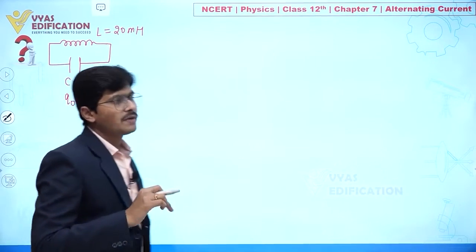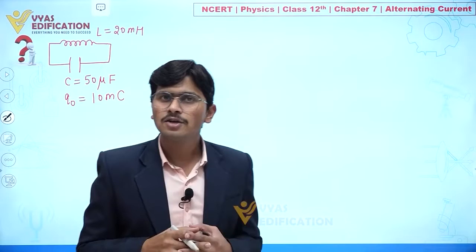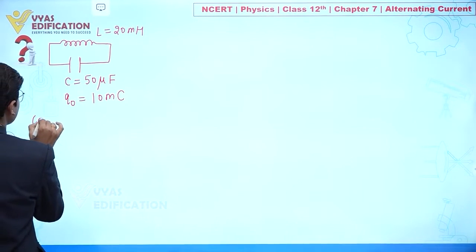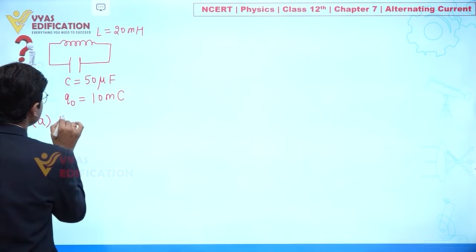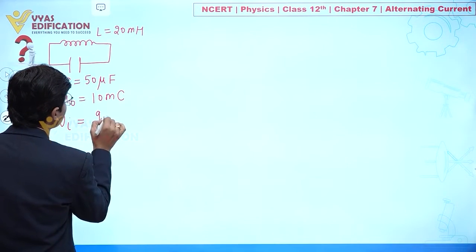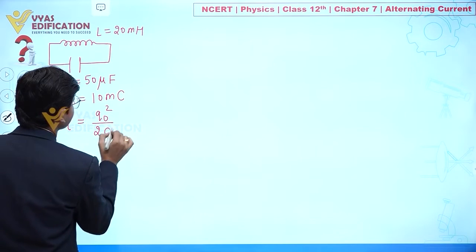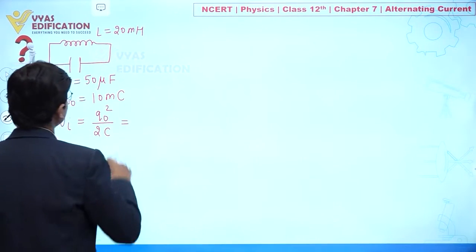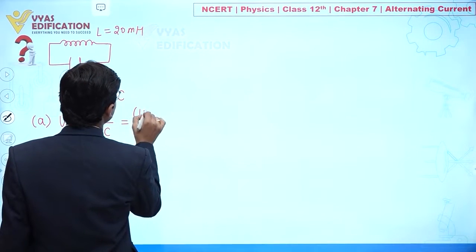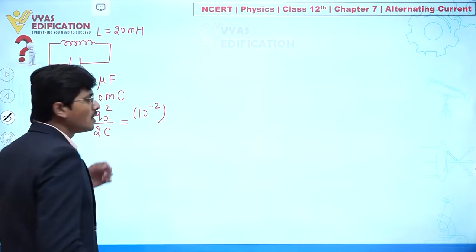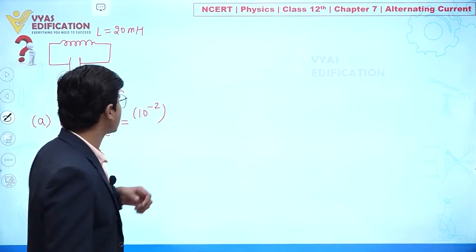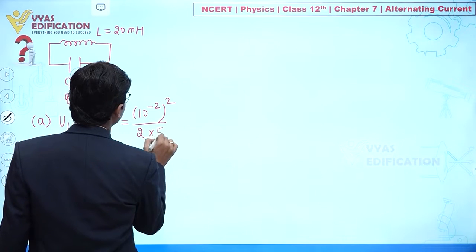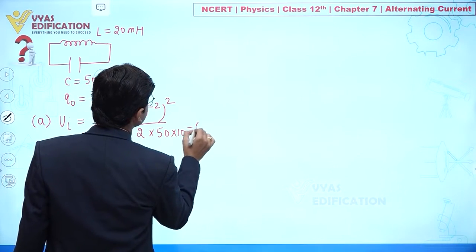Yes, first of all our objective here is to find total energy stored in a capacitor. So this is part A, initial energy stored, it is given by Q naught square divided by 2C, clear. Value of Q naught we have, this is 10 millicoulomb, so 10 into 10 to the power minus 3, so this is 10 to the power minus 2 whole square divided by 250 into 10 to the power minus 6, clear.